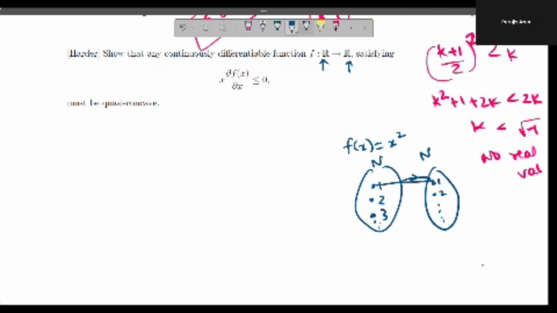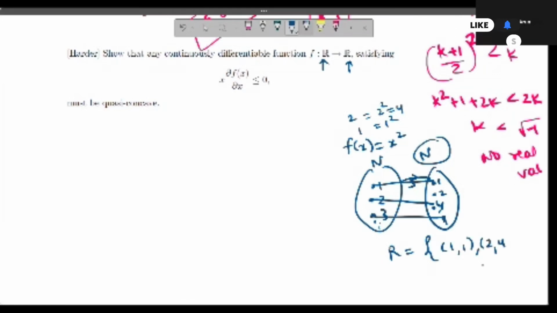But you know that 1 will be combined with 1, because when you substitute 1, it will be 1 square, 1. 2 will be combined with 4, as 2 square is 4. And 3 will be combined with 9. So my codomain is whole N. But when I write the relation, it will be (1,1), (2,4), (3,9), something like that.